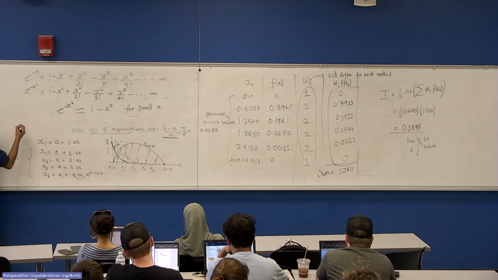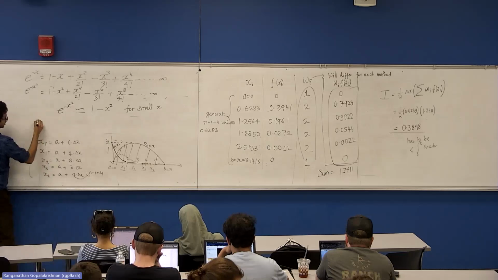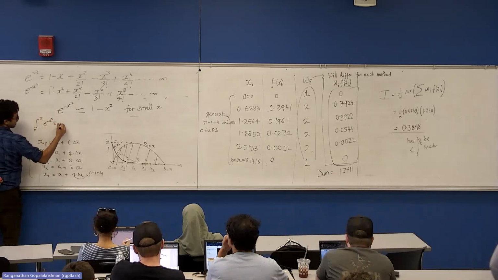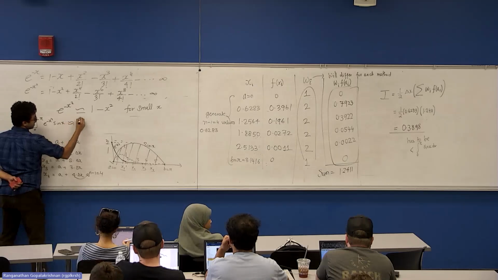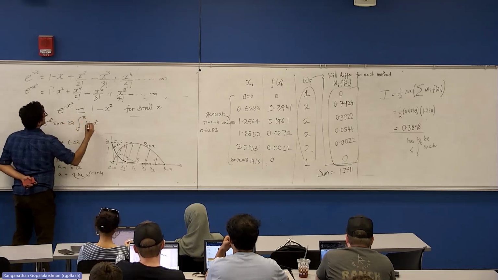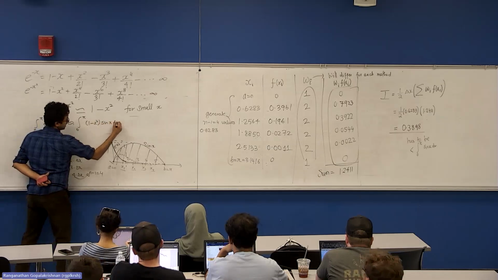So if I do that, integral 0 to pi e power minus x squared sine x is approximately integral 0 to pi of 1 minus x squared times sine x dx.